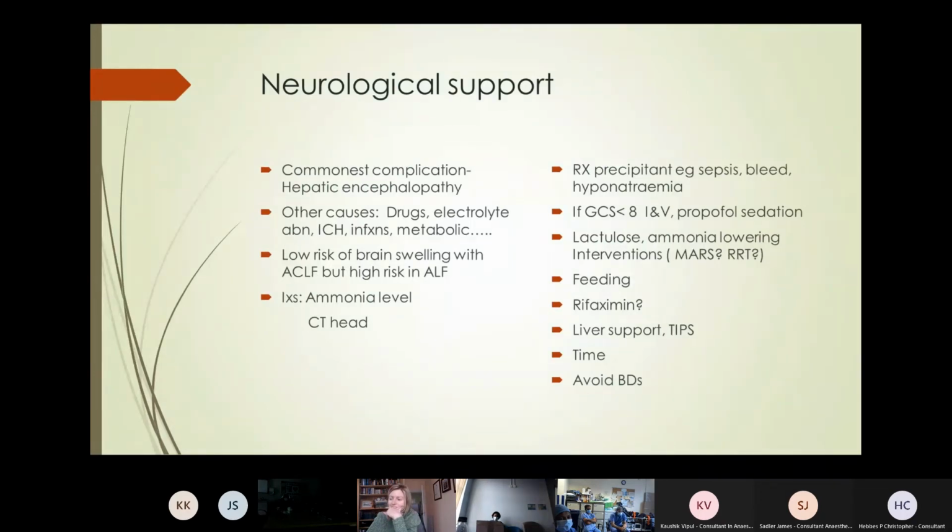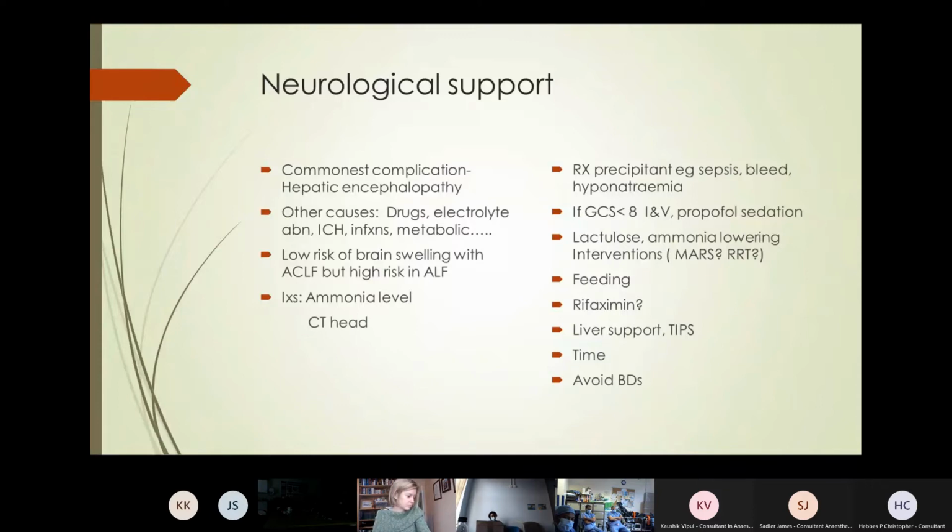So what's the neurological support? Most of the patients come in with hepatic encephalopathy. The commonest cause is hepatic encephalopathy, but remember that these patients are at risk of other neurological complications, and that includes intracranial hemorrhage. We just admitted a patient the other day thinking that it was just hepatic encephalopathy, to find that he had intracranial hemorrhage, which is a learning point.